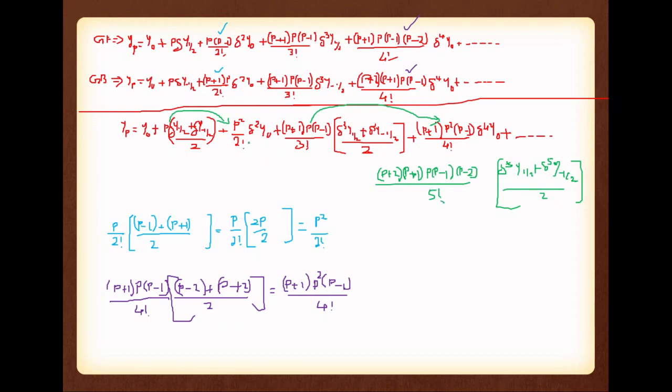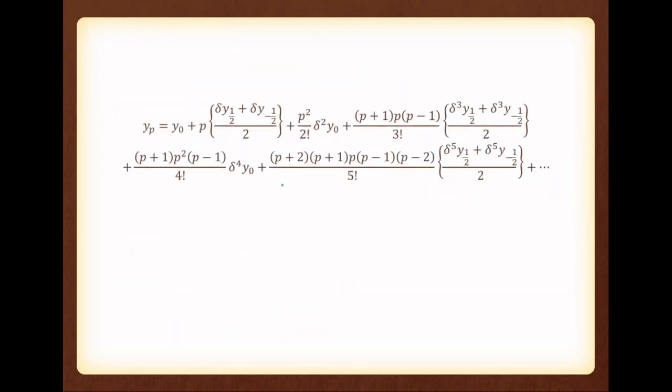Please note the denominator factorial is increasing. If it is theta raised to 5, this is 5 factorial. What about the next term? I already told you this difference term is theta raised to 6 y0, because for even terms there is no average, so theta raised to 6 y0. What about this term? This p is squared for the next one, and this one will become 6 factorial. So like that way this equation will go. Okay. So this is the equation.